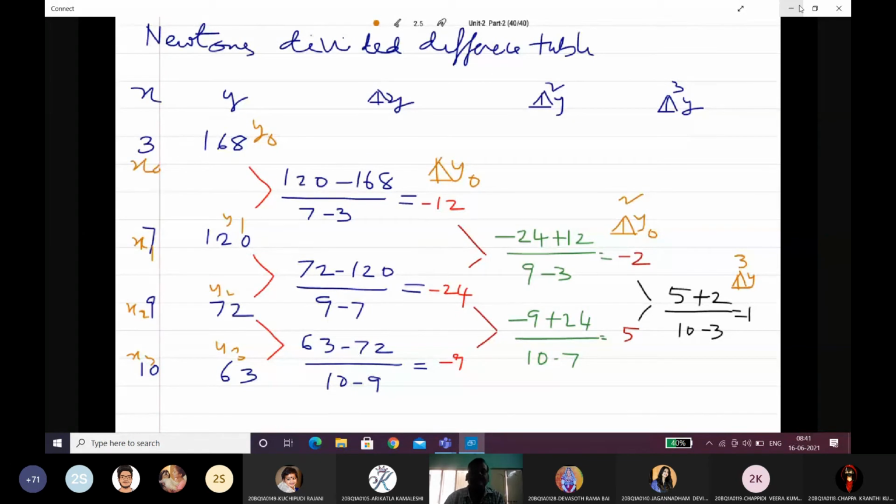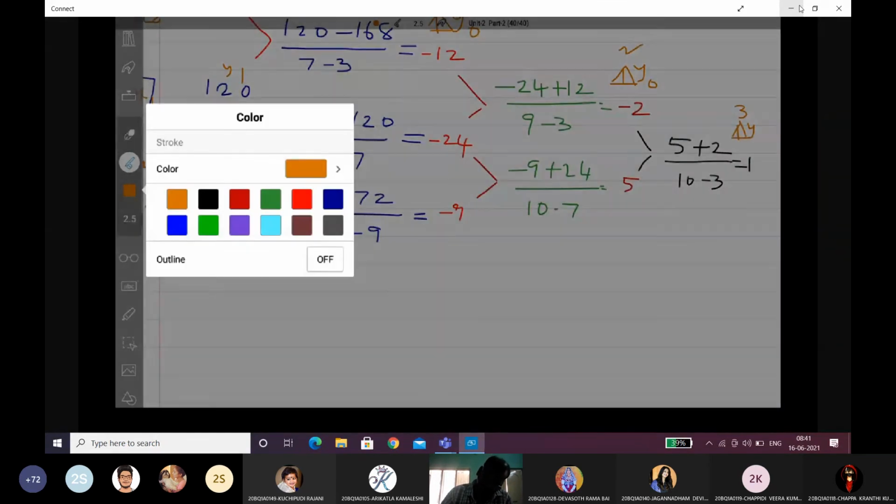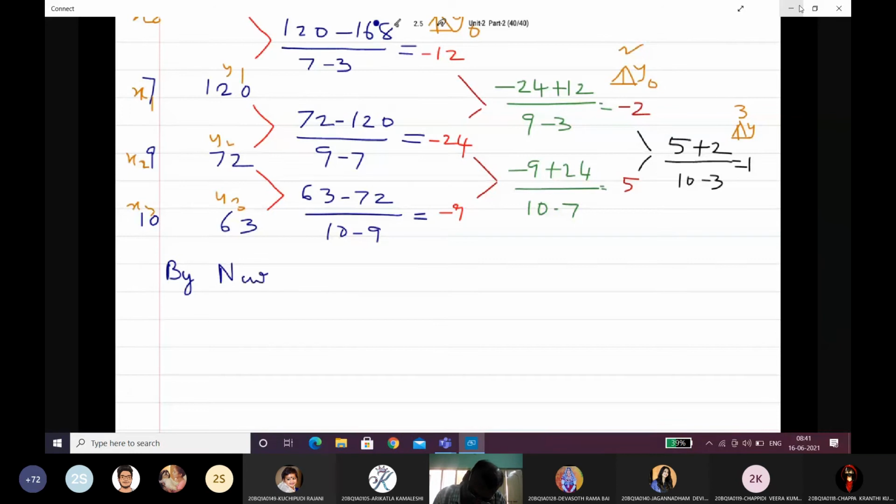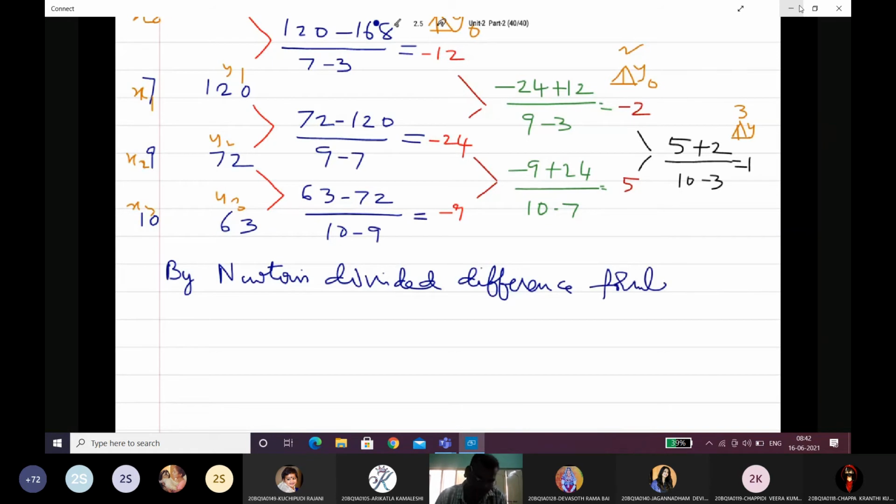Now by Newton's divided difference formula, first we have to write down the formula as usual. f of x is equal to y naught plus (x minus x naught) into first forward delta y naught.